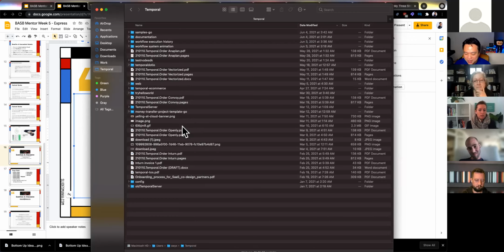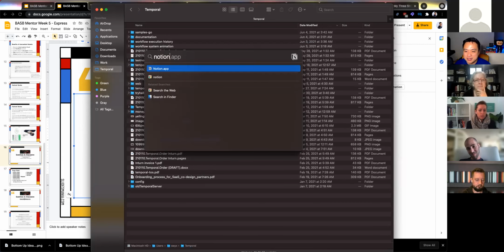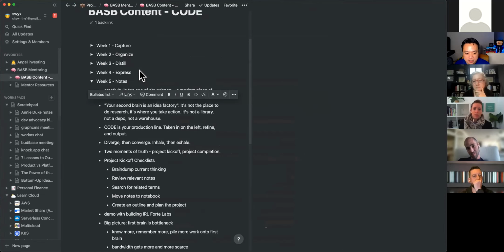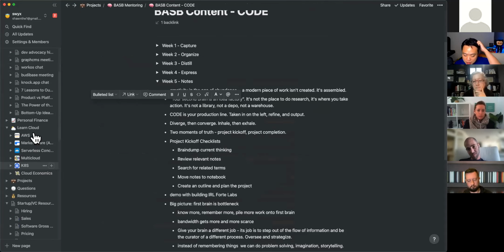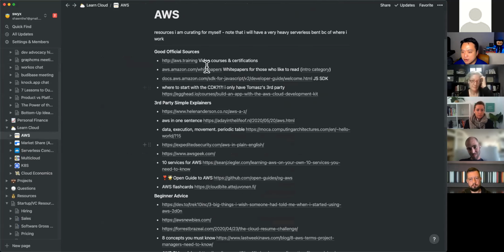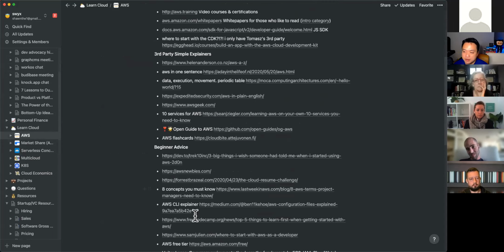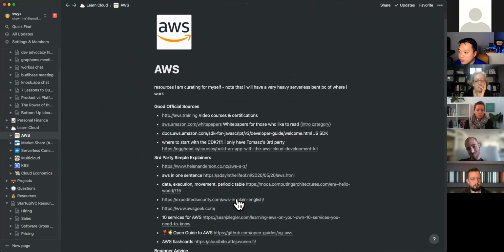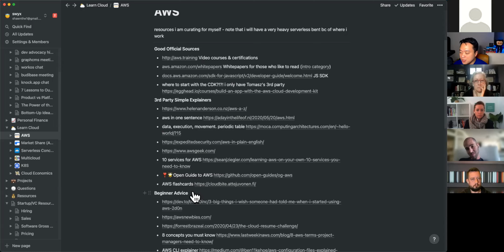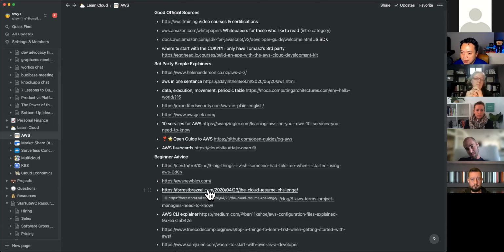In terms of the librarian thing that I was referring to, it was really this stuff, the cloud stuff. When I worked at Amazon, I just slotted a whole bunch of stuff in here, and I didn't really do any progressive summarization or anything like that. So this is very much building a library, hoarding information, and not really using it to produce any output.